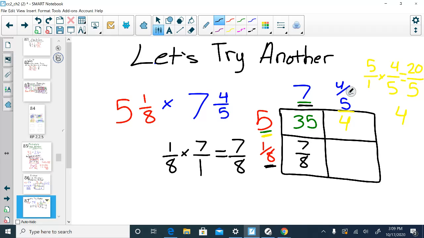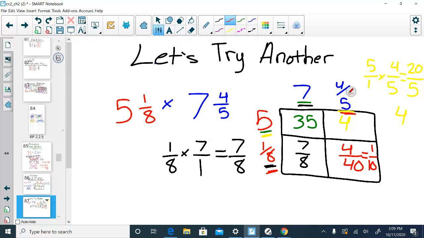And then lastly, 1/8 multiplied by 4/5. 1 times 4, that's going to give me 4. 8 times 5, that's going to give me 40. And if I were to reduce this, I could reduce it to 1 over 10.